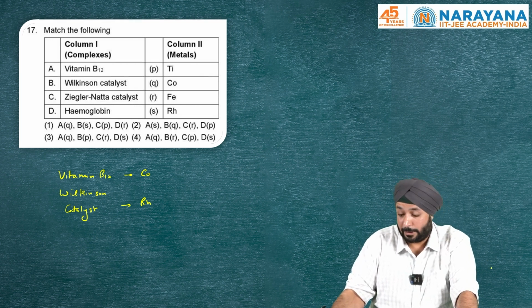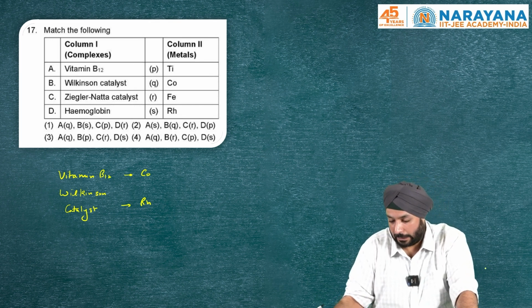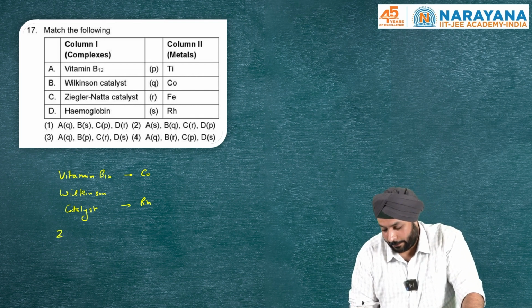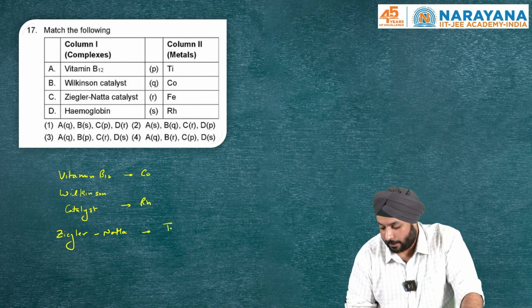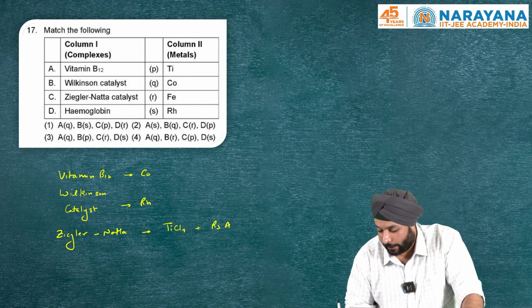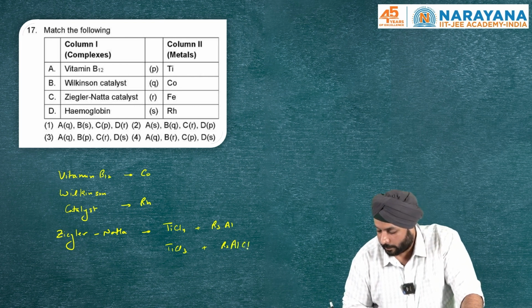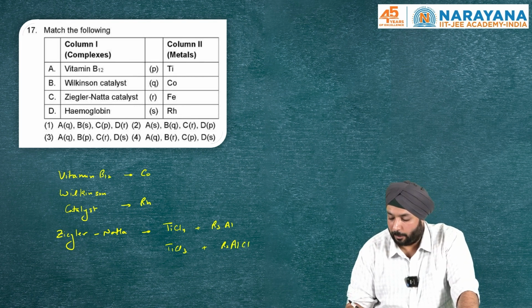It'll do the hydrogenation of the least sterically hindered alkene. Ziegler-Natta catalyst is for polymerization of alkenes, and has TiCl4 plus triethyl aluminum or trialkyl aluminum, or you can have TiCl3 plus dialkyl aluminum chloride. Now option D, hemoglobin, obviously iron.